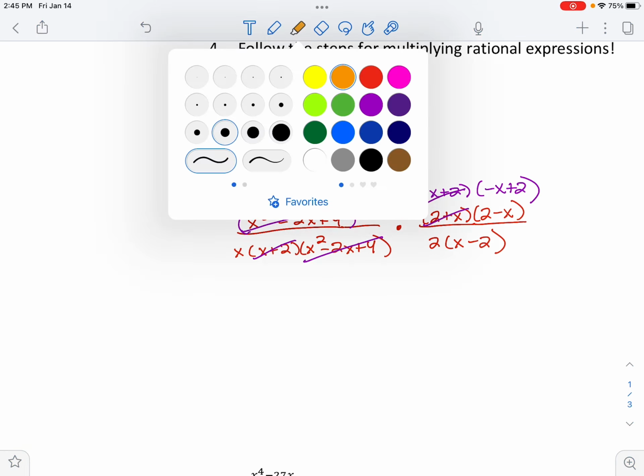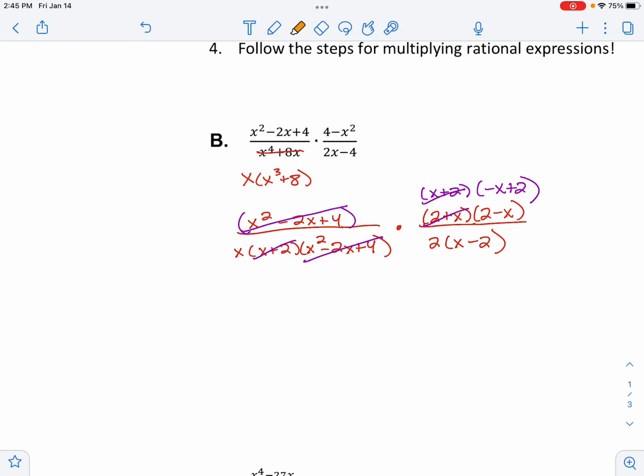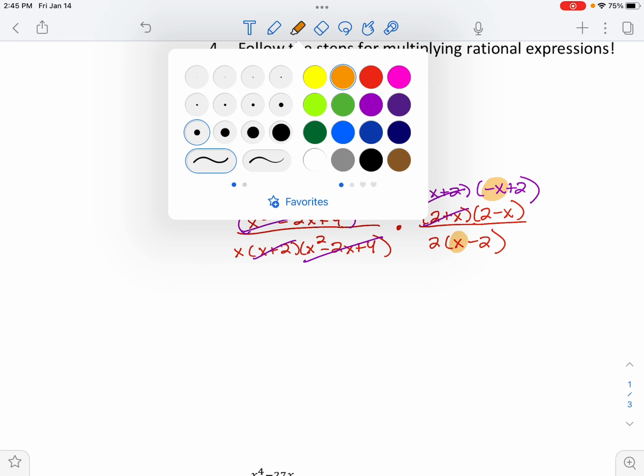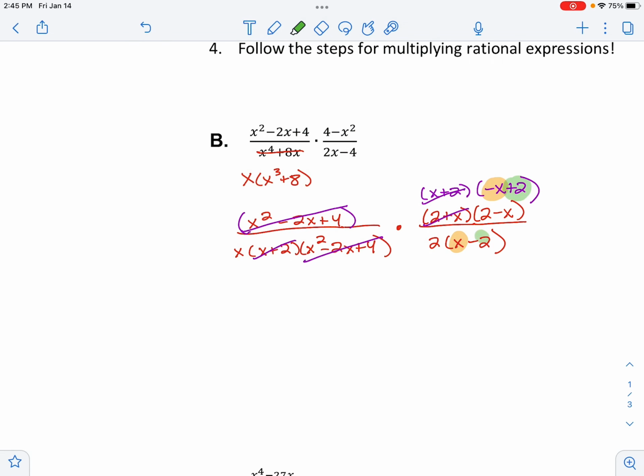The key here is that these x's are opposites, and the 2's are also opposites. So I can cross these factors out, but I have to replace it with a negative 1. It's like 4 divided by negative 4 is negative 1. Negative 12 divided by 12 is negative 1. If you divide something by its opposite, you get negative 1.